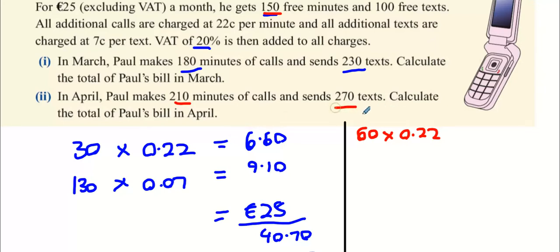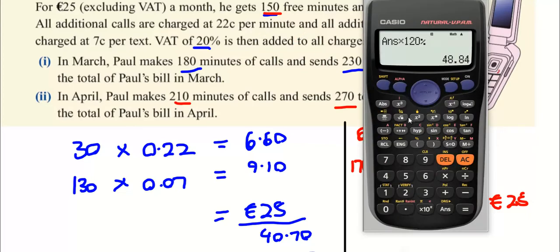There were 270 texts, which is a whole 170 extra texts above the minimum, and that'll be charged at 7 cents per text. And then obviously your €25 fixed for the first 150 minutes and 100 texts. So multiply them by each other.